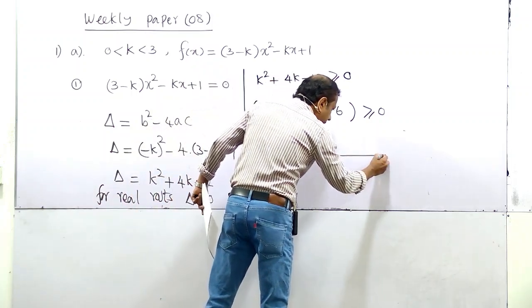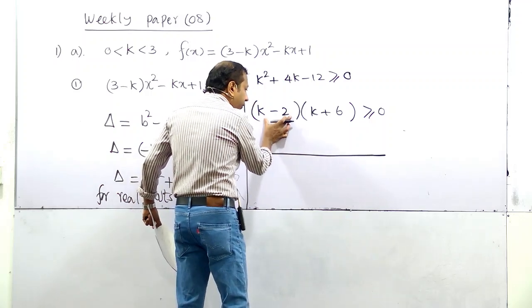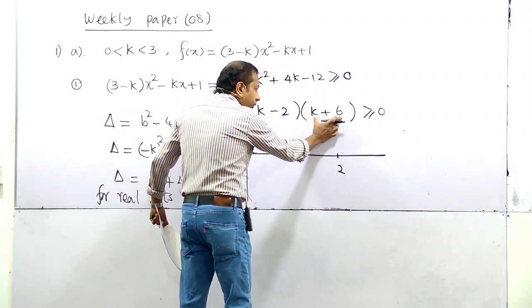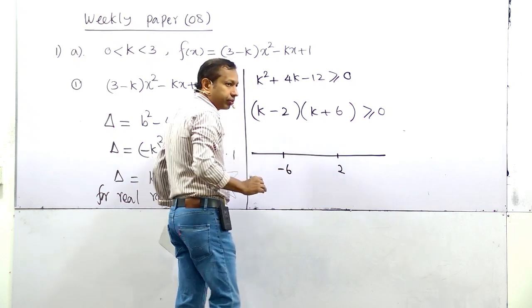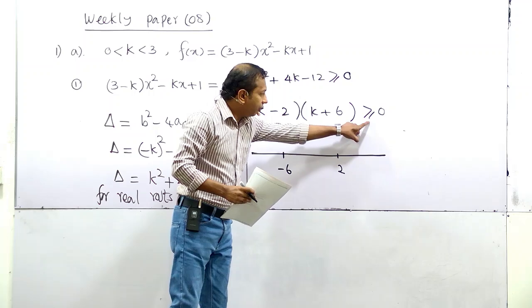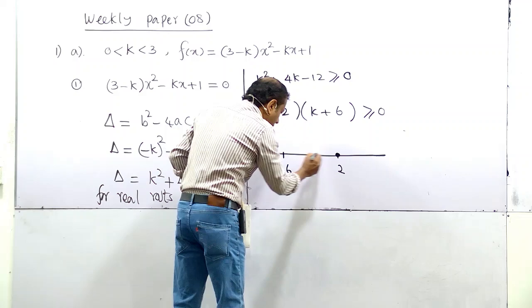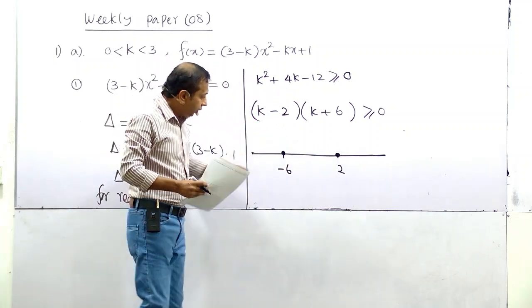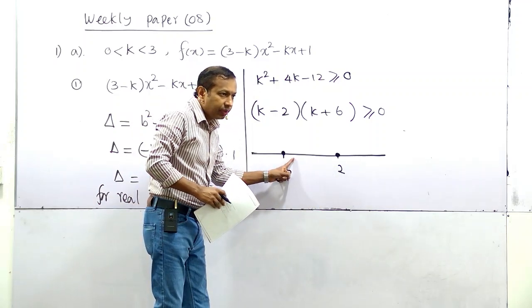Draw a line like this. Equate this bracket to 0, we get 2. Equate this bracket to 0, we get k equals minus 6. Here we have an equal sign, so both 2 and minus 6 we have to accept. Now, this is the interval where 0 is available.